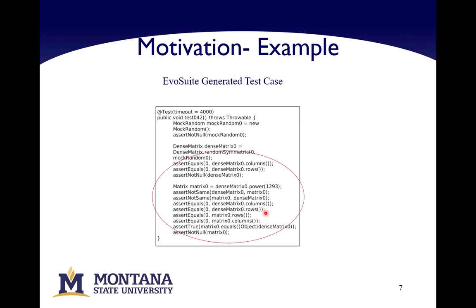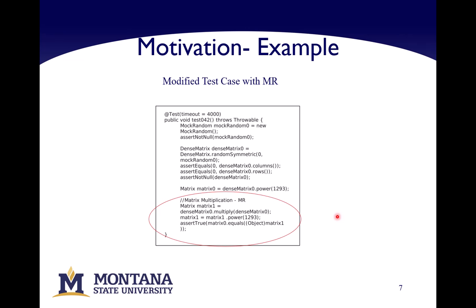So this test case may ignore the necessary properties of the power matrix, so that sometimes an important bug may remain undetected. So we modify this test case using metamorphic testing, and the metamorphic relation property we used here is multiplication.